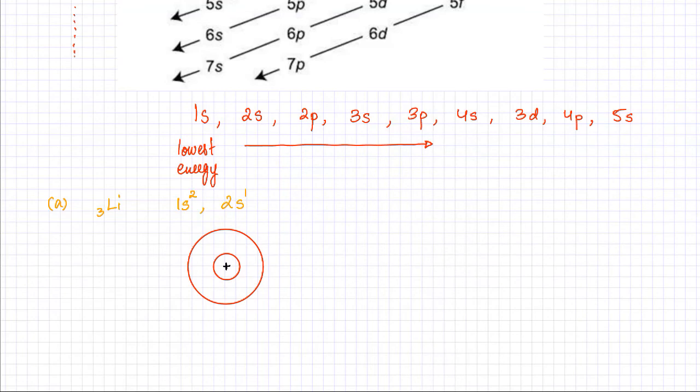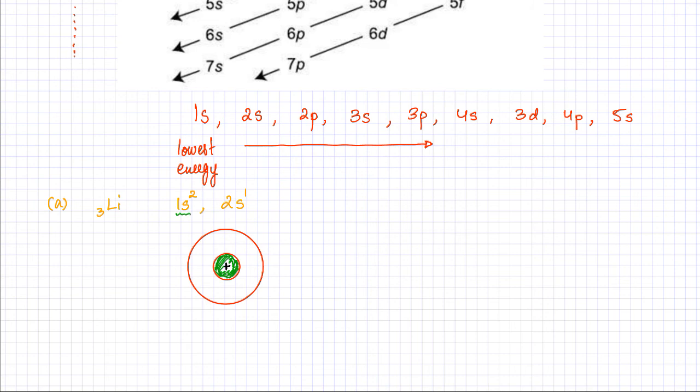Now to understand what a lithium atom would look like, there are 2 electrons in the 1s subshell. The 1s is going to be a spherical orbital around the nucleus, so there's going to be a very high probability of finding an electron in a spherical region around the nucleus. This green shaded area is your 1s orbital.